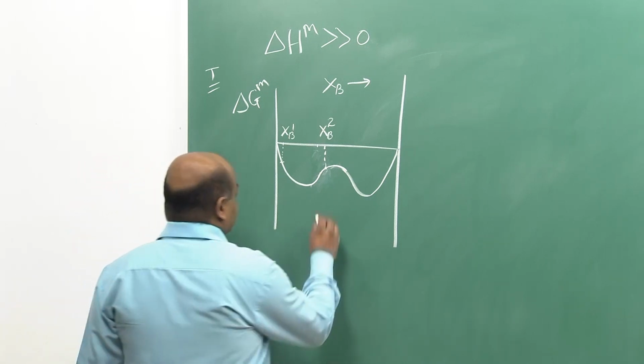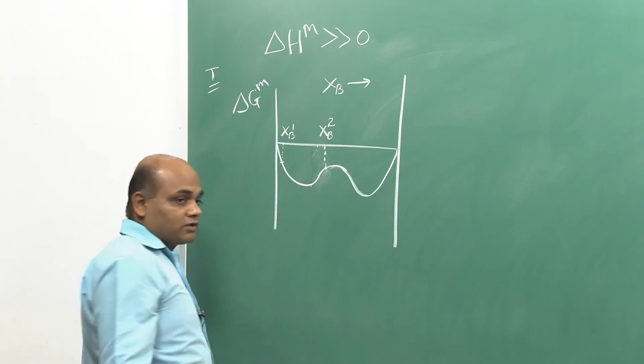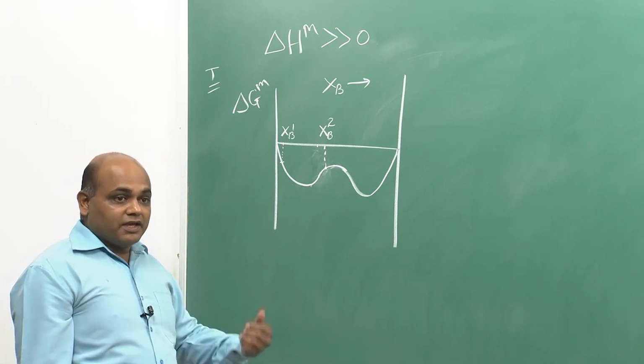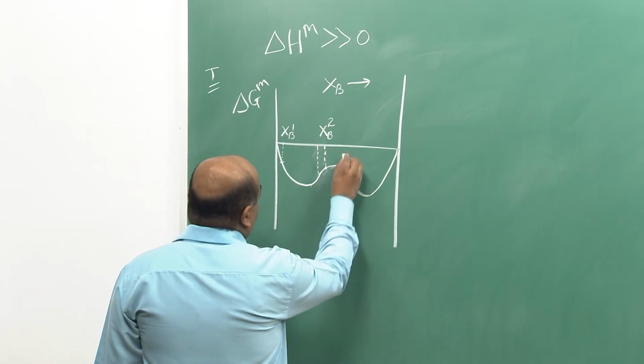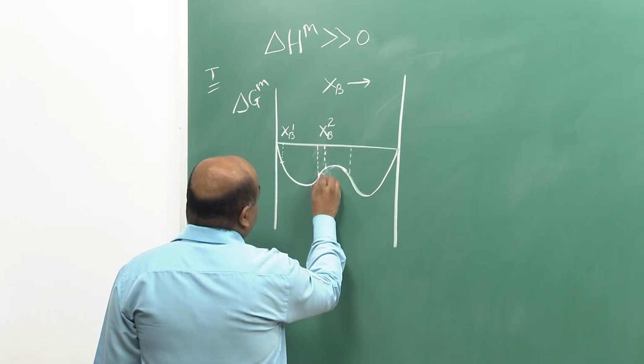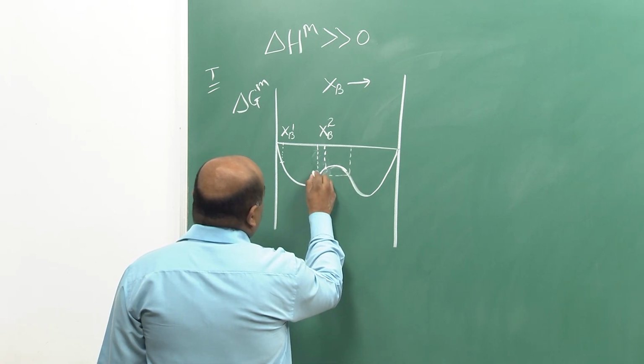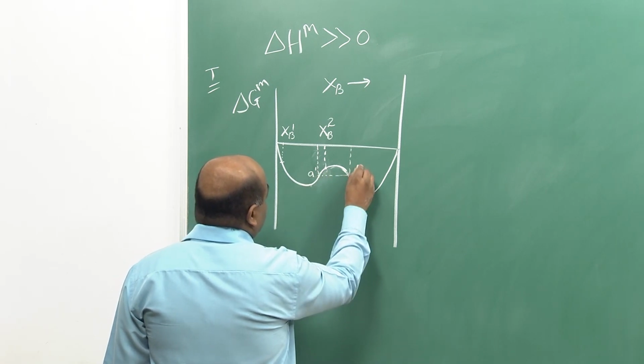Right. So, what if the solution with this composition splits into two different compositions? Obviously, in order to keep mass balance, one has to be A rich, the other has to be B rich. So, suppose it splits into two compositions, let us call this A prime and B prime.